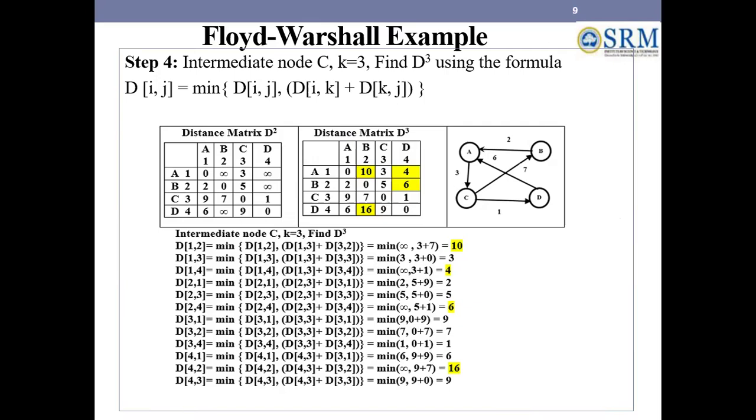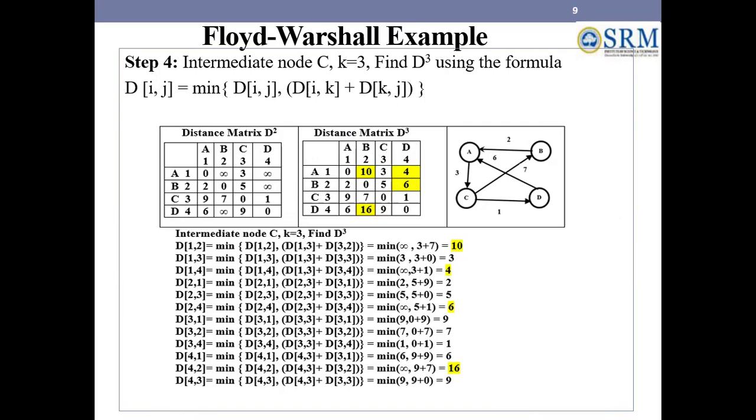Next, D to B, previously infinity. There is no direct path between D to B. Now, through intermediate node C, D to B is D to A to C, and C to B. So the total cost is 16.